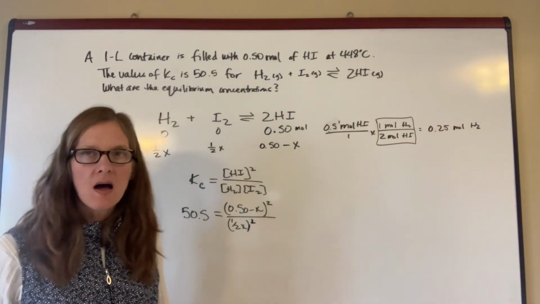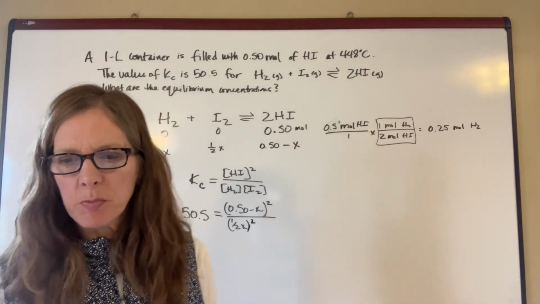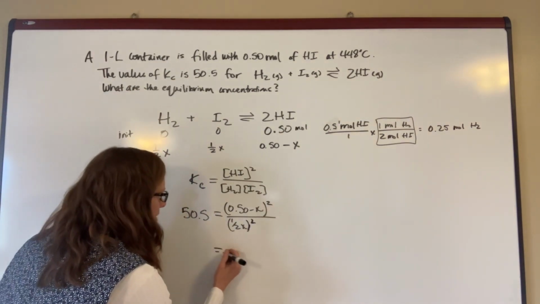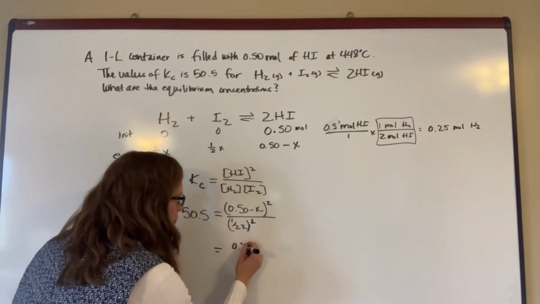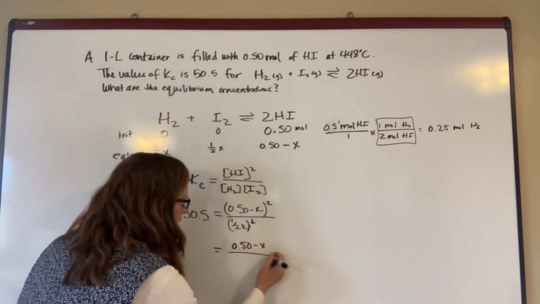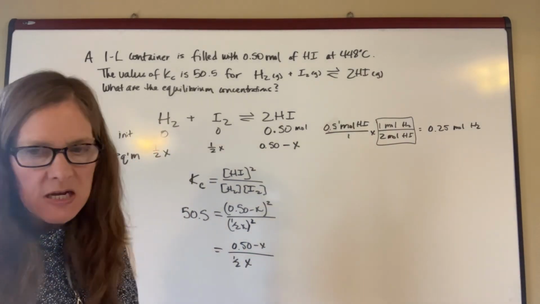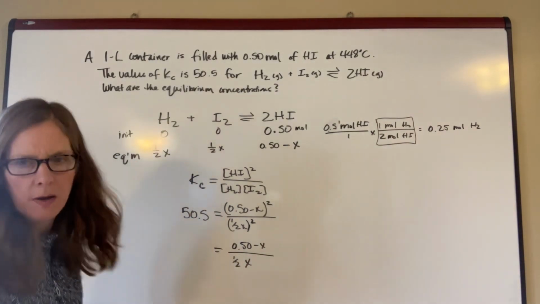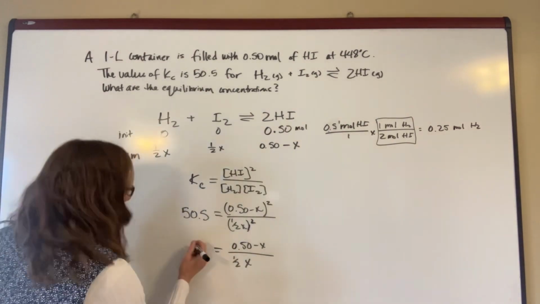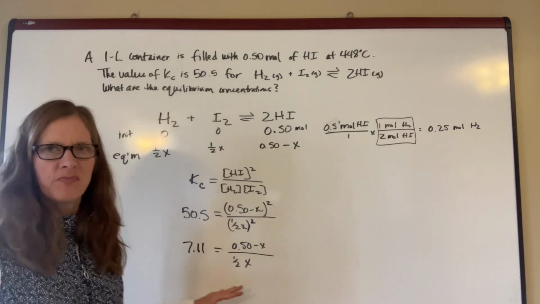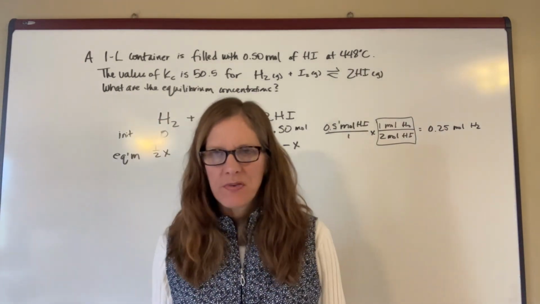So what if I just took the square root of both sides? If I took the square root of both sides, then I would have 0.50 minus X on top, and 1/2 X on the bottom. And then if I take the square root of 50.5, I'm going to have 7.11. Now, this problem is easy to solve.